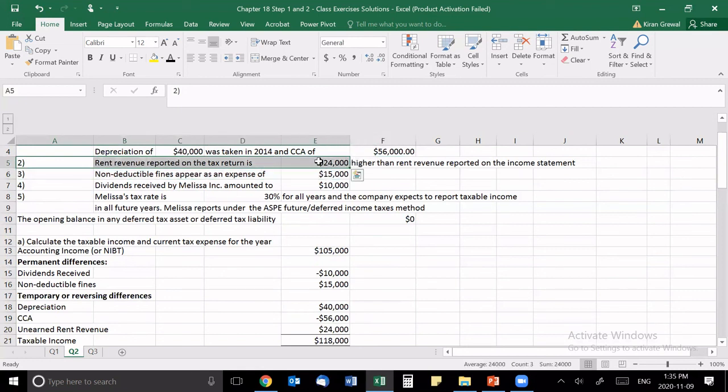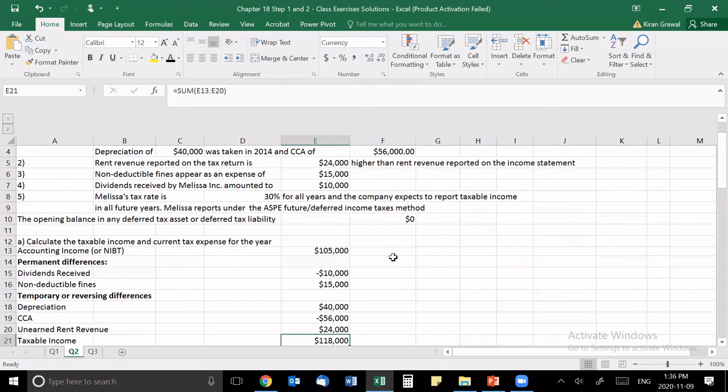So this rent revenue, we recorded it on the tax return because we got some cash in advance of earning the revenue. So it's not included in this $105,000, but we have to add it. So we're adding that $24,000. So we start with 105, adjust for our permanent differences, adjust for our temporary differences, and in total we get $118,000 as our taxable income.